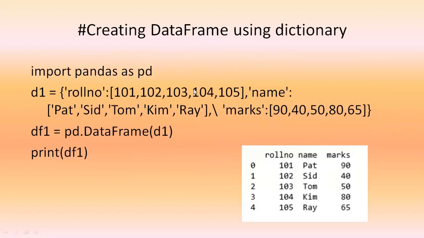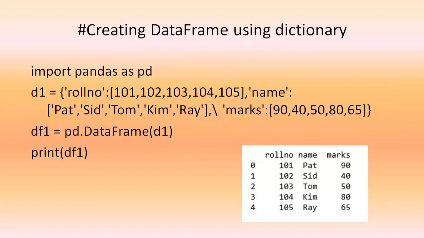First of all, creating data frame using dictionary. You have learned how to create dictionary in class 11. Now we will learn with the help of dictionary how to create data frame. Here we have D1, a dictionary in which we have three columns: roll number, name and marks.